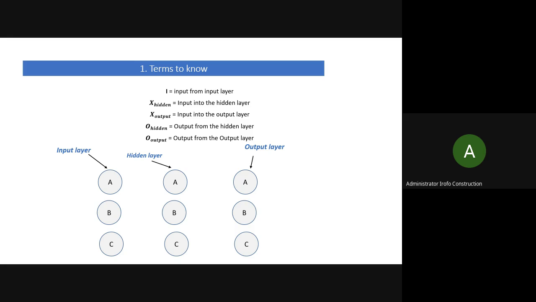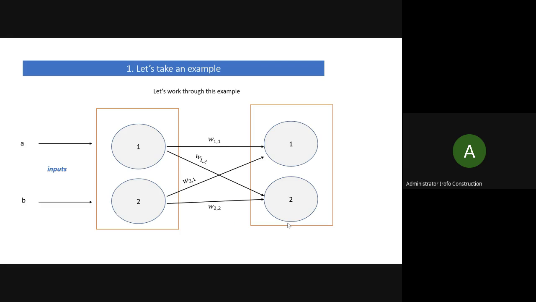So moving ahead, when you have something like this, it's a two-layer neural network. You have an input layer here.